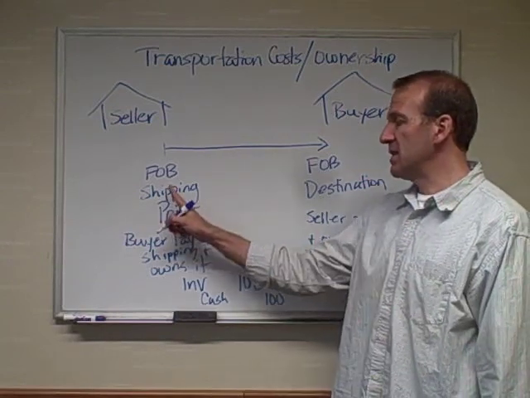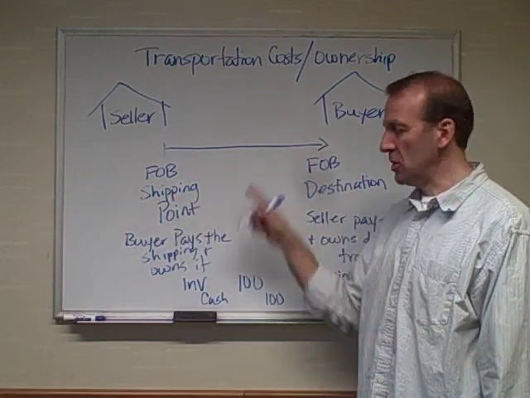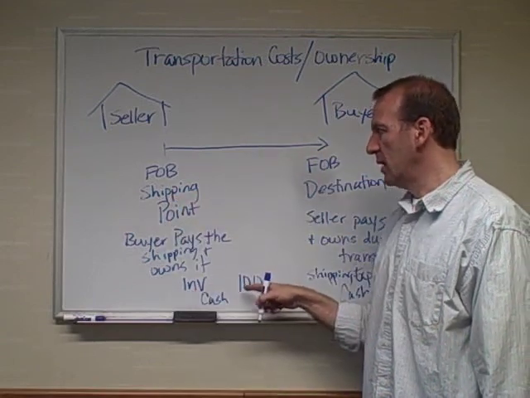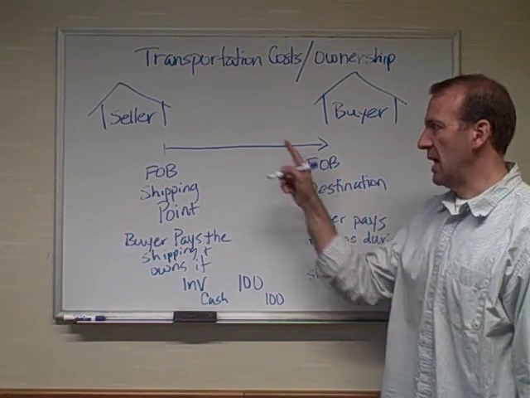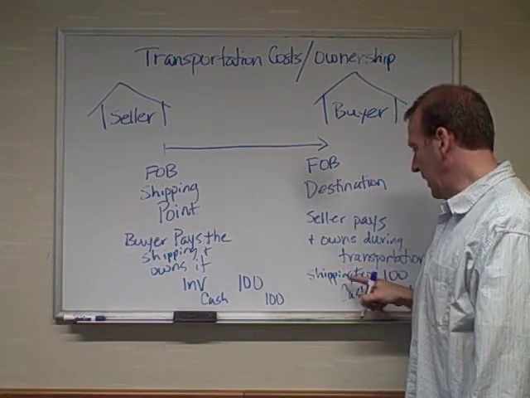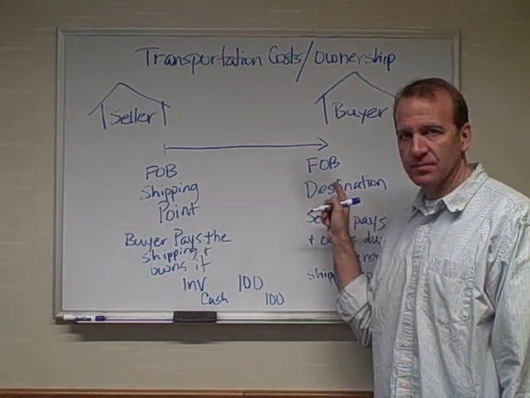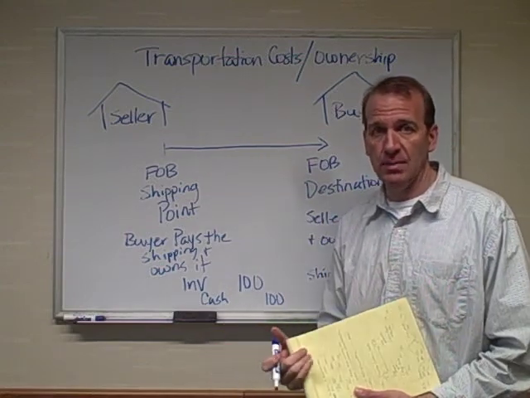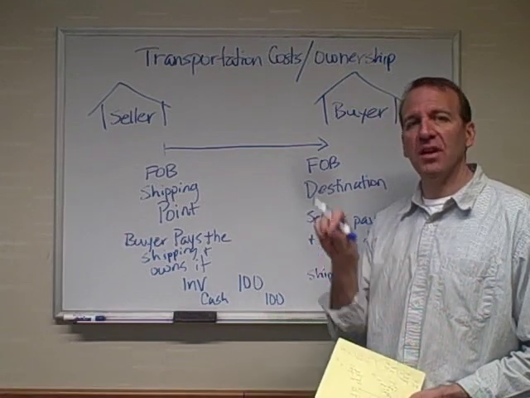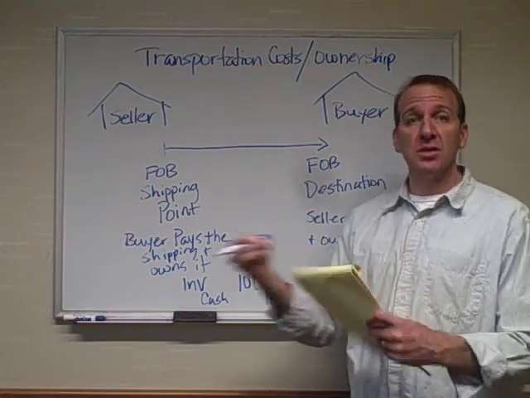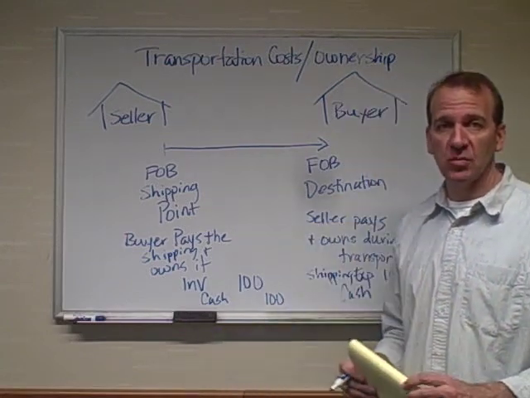If it's FOB shipping and the buyer's paying the shipping, then they debit inventory. If it's FOB destination and the seller is paying the shipping, it's a shipping expense. And it makes sense because if the seller's selling it, they don't have that inventory item anymore. So they can't put the $100 into inventory because they just sold the item. So it has to be shipping expense.